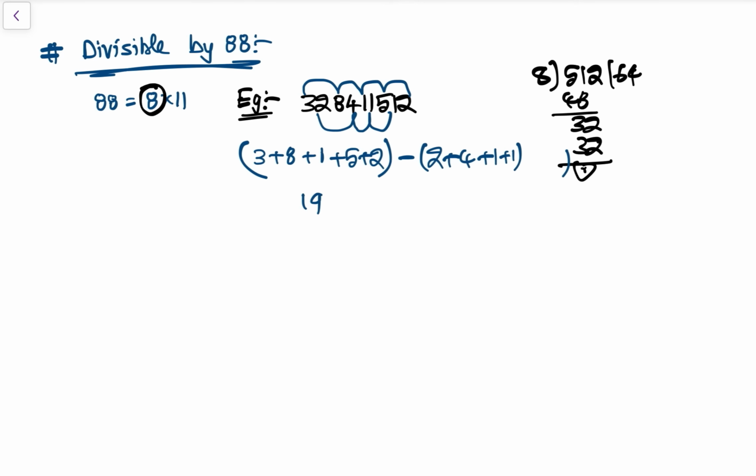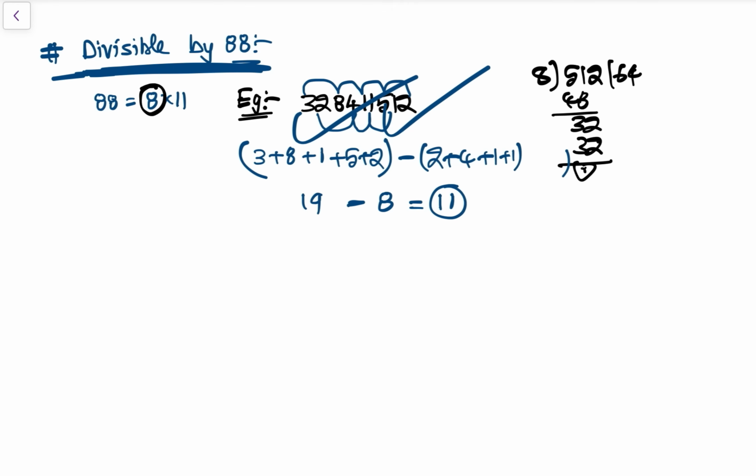This is 19 minus 8. So that is 11, which is a multiple of 11. So it is divisible by 11. So since it is divisible by 11 and it is divisible by 8 also, the entire number is divisible by 88 also. So these are divisibility rules.